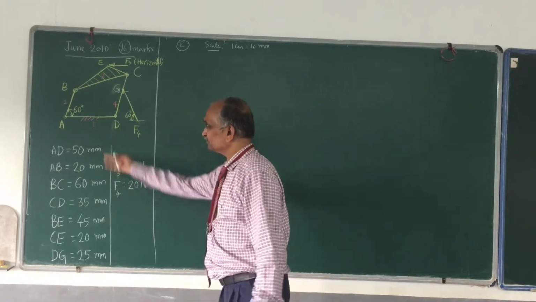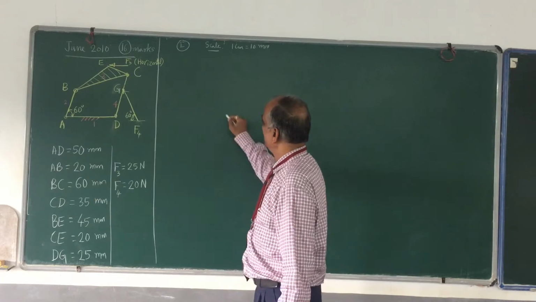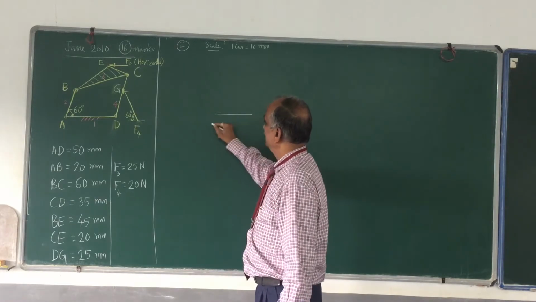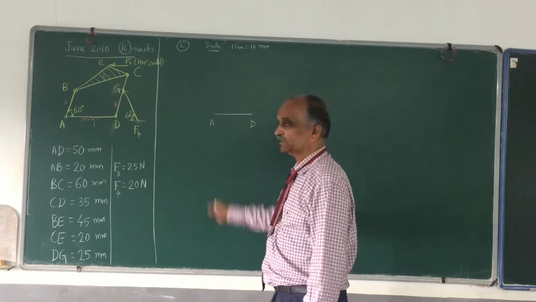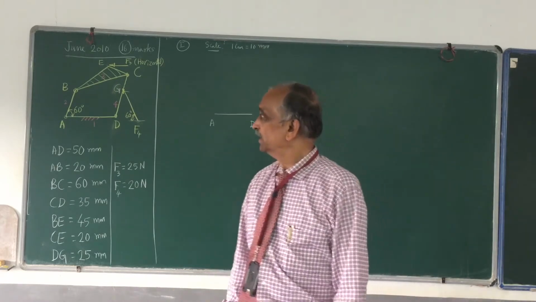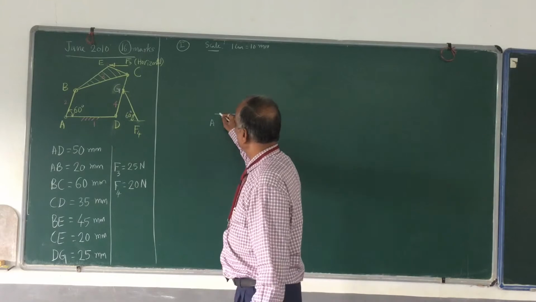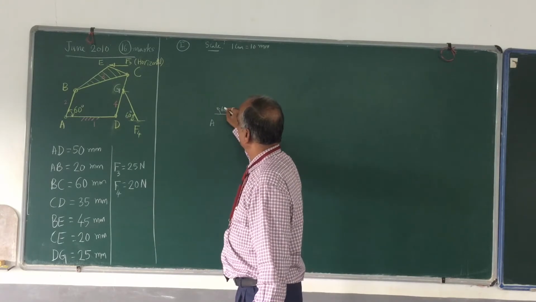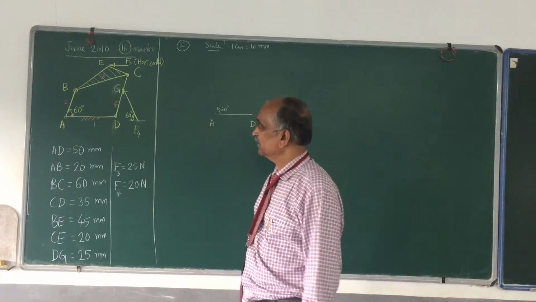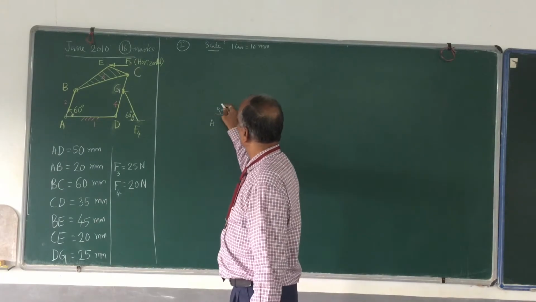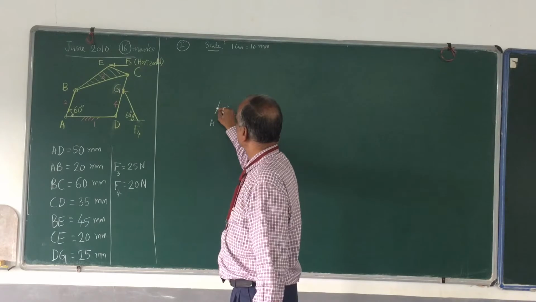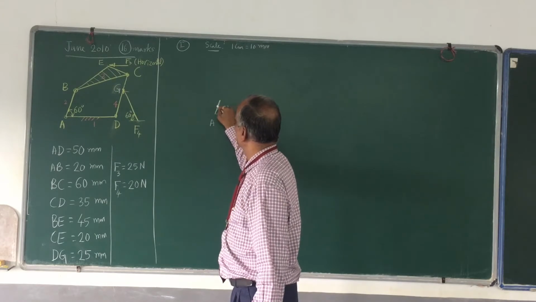So I shall start with AD. First draw A, and then D, which is equal to 5 centimeters, and then measure 60 degrees, and then draw AB as 20 mm. Very small one, something like this.